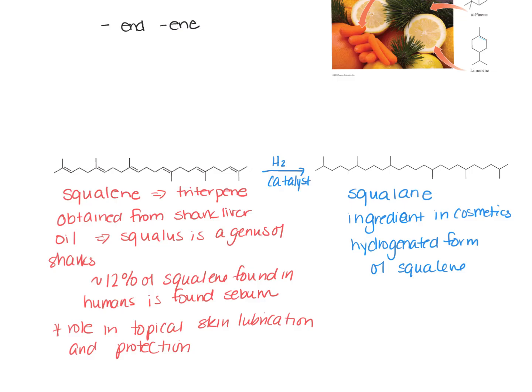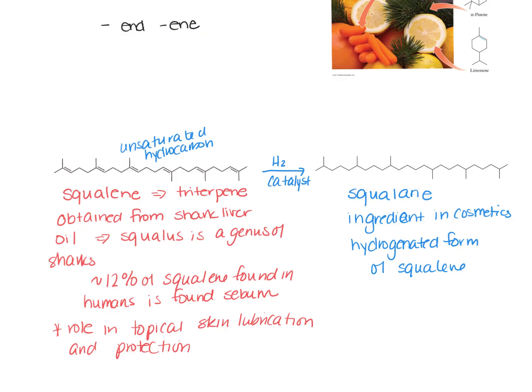So all your double bonds go away. This is called an unsaturated hydrocarbon, right? Because it has these double or triple bonds, those are called unsaturated hydrocarbons because they don't have the max amount of hydrogens that they possibly could.